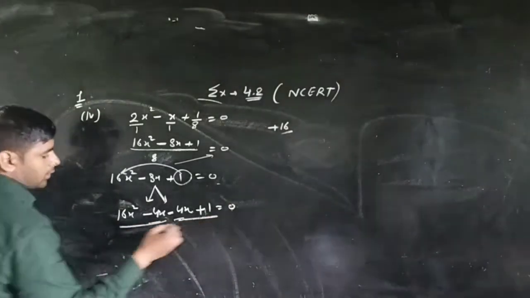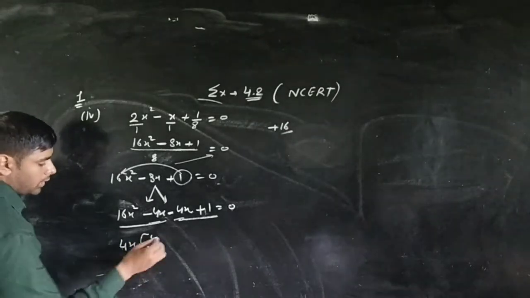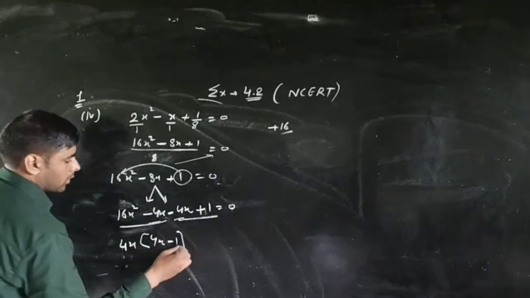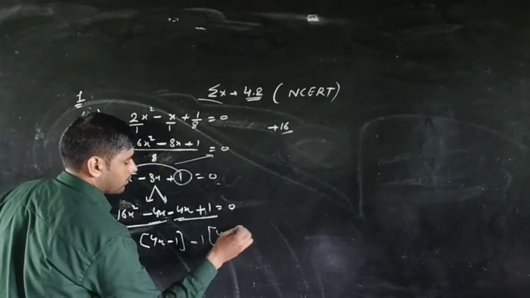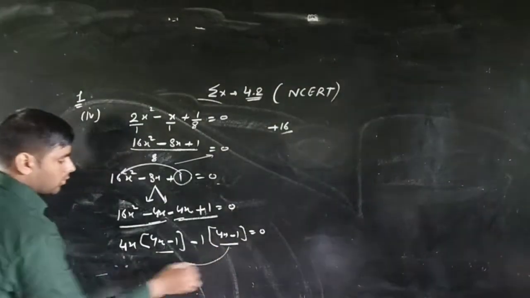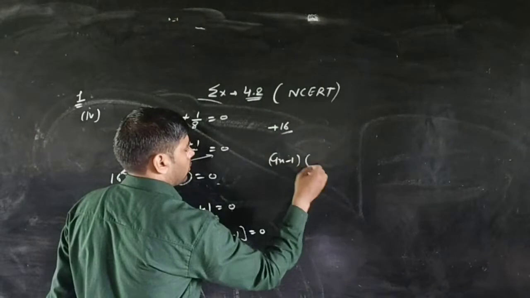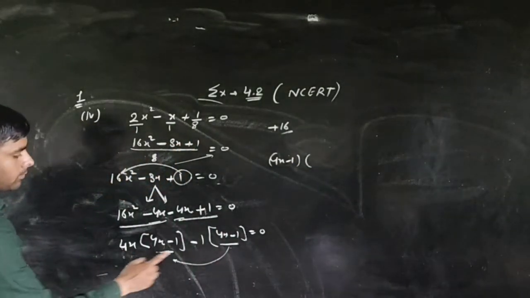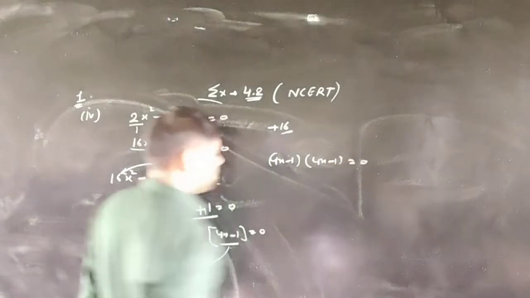From the first two terms, 4x is common, giving 4x minus 1. From the last two terms, minus 1 is common, giving 4x minus 1. Now 4x minus 1 is common, so 4x minus 1 times 4x minus 1 equal to 0.